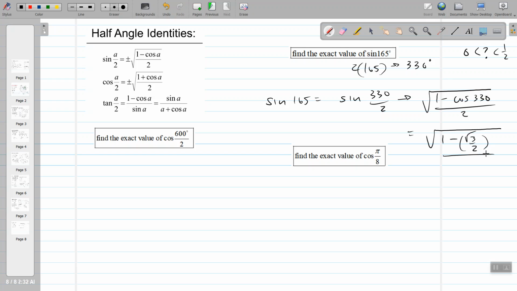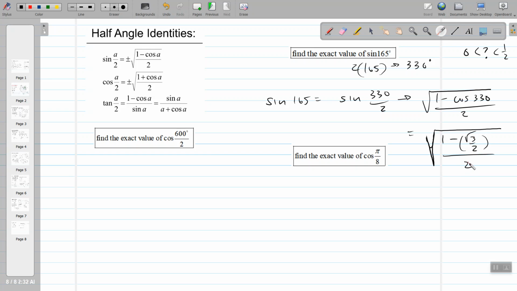And then all over 2. Make sure your radical goes all the way down, or else it only covers the top part of the fraction. At this point, if you want to simplify, it's up to you, but I don't require you to, because if you leave it like this, at least I know where you're putting in the rad 3 over 2 and where you got it from.